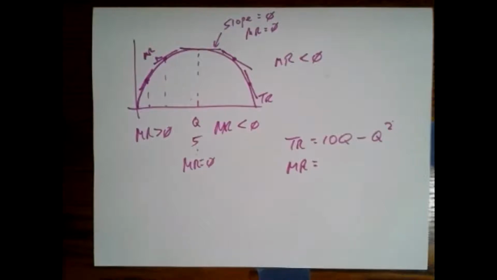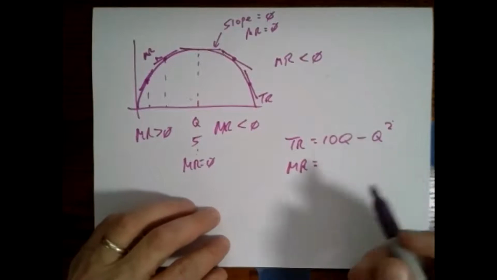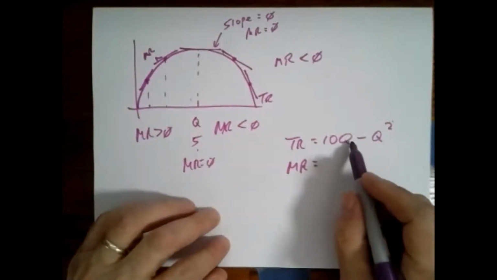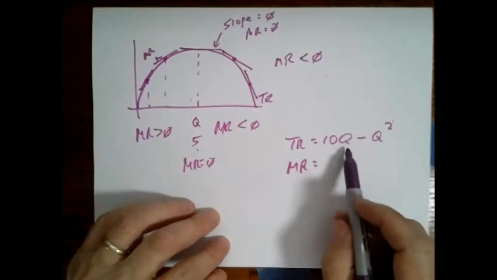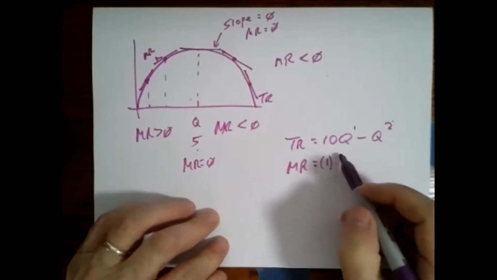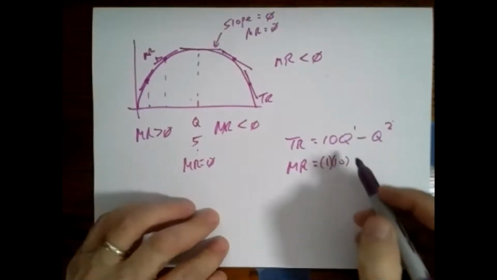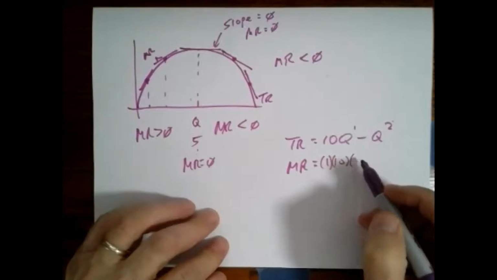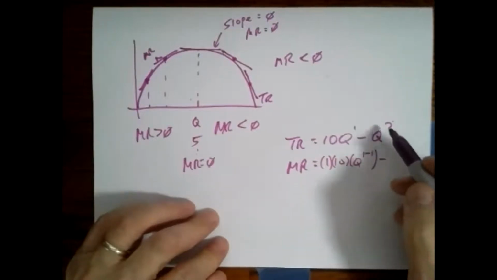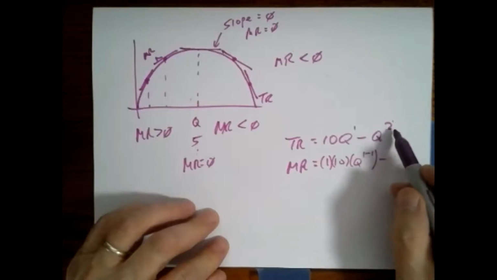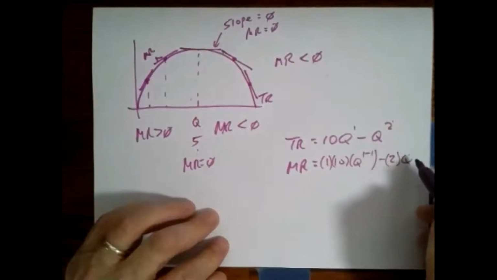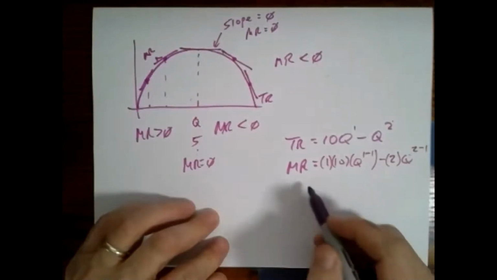So the process that we did, just to refresh, is we look at the exponent of the first term, and the exponent for the first term is really 1. So that 1 comes down. Then we bring down the 10, the coefficient. Then this becomes 10 times Q to the 1 minus 1. And then we can keep going and we say minus, and we bring down the exponent for the Q squared, 2, times Q to the 2 minus 1.